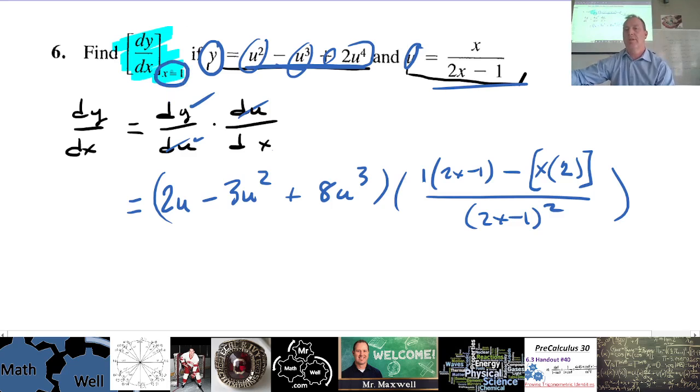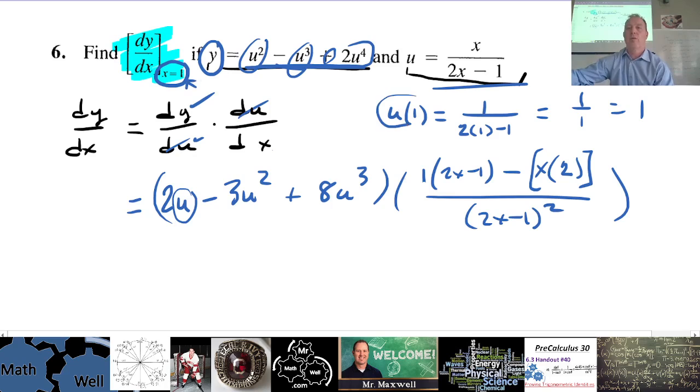So you have two options here. You can rewrite every u as x over 2x minus 1, or you can figure out what u is at x equals 1, which might be pretty easy. That's 1 over 1, which is 1. So with x equals 1 inputted, wherever you see a u is now just 1.